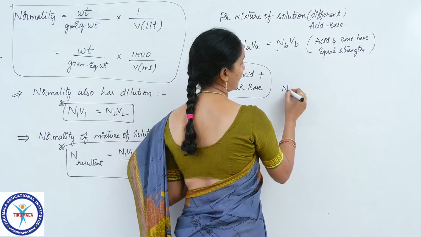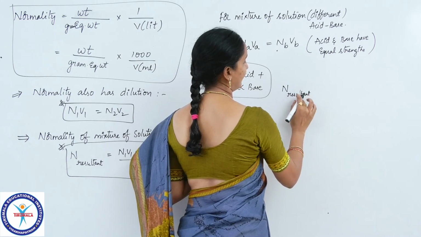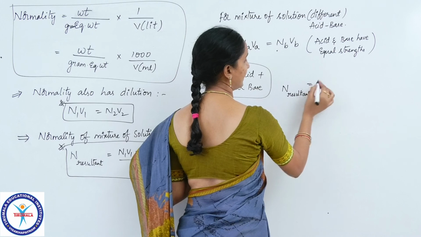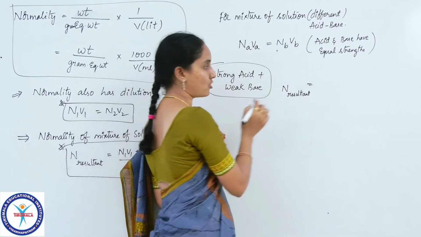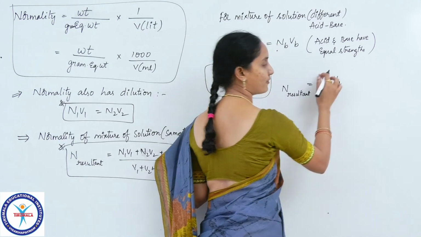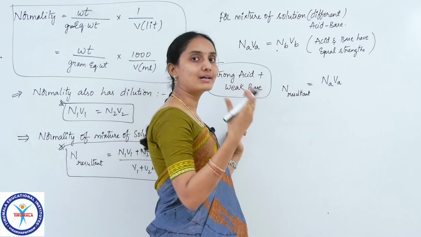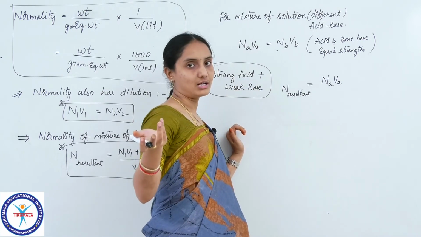So the formula becomes N resultant = ... acid is strong, so generally the product of normality and volume of the stronger component will be greater than the product of the weaker component.